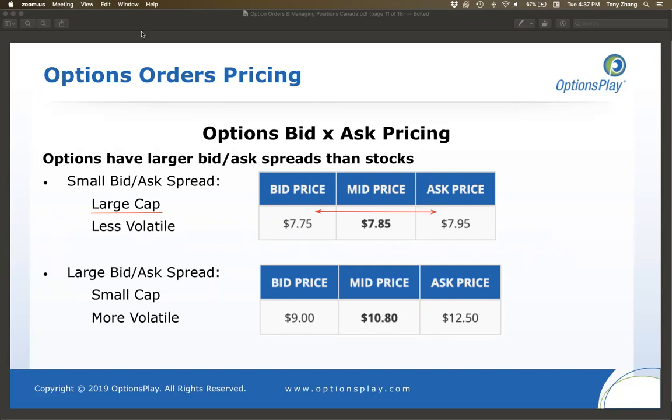So that's a spread of 20 cents. Let's use my drawing tool here. So this is a spread of 20 cents. Conversely, if you look at this spread down here, $9 by $12.50, that's a spread of $3.50. So significantly different spreads.